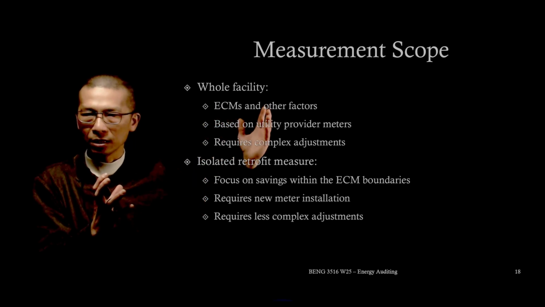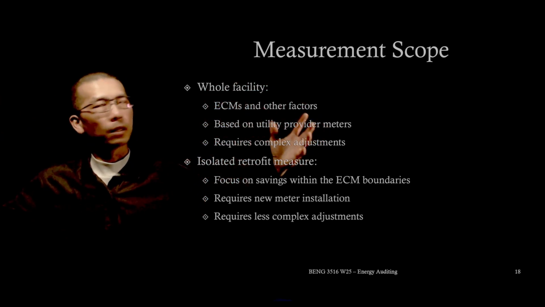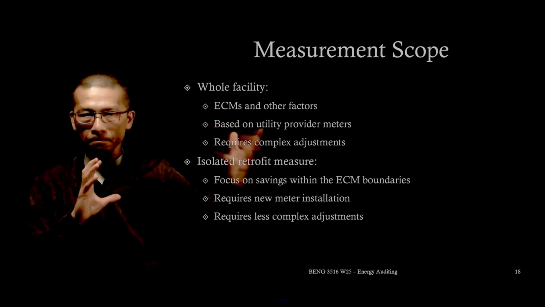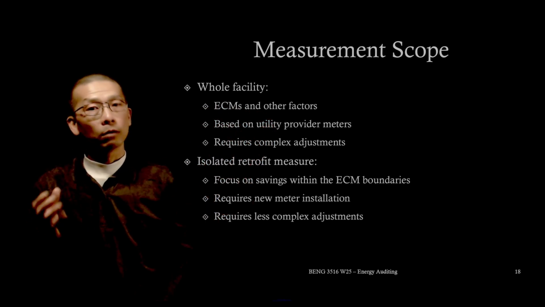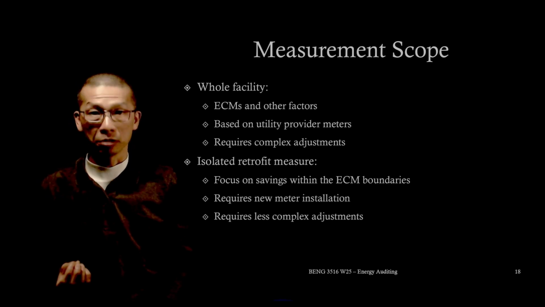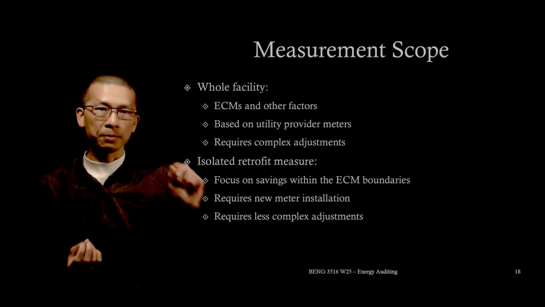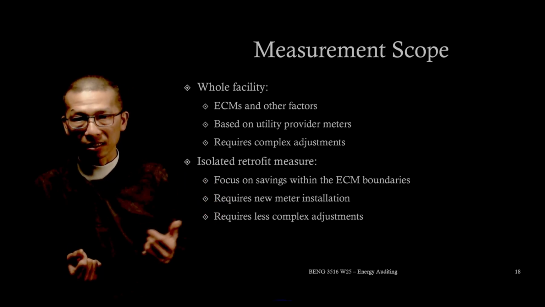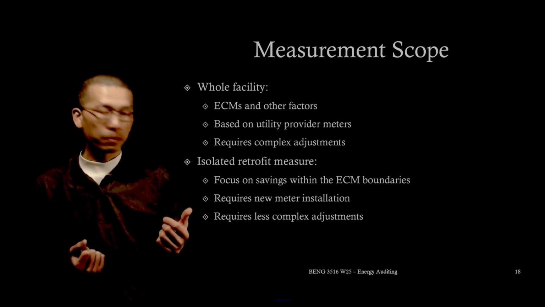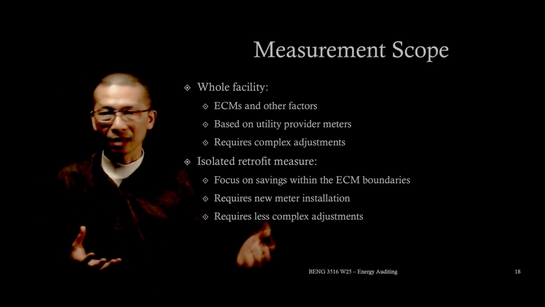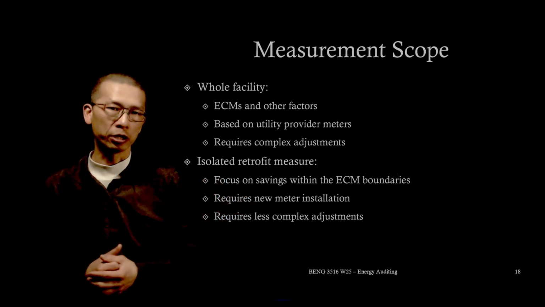How is it measured? Usually it requires new meters or sub-meters to track only that specific equipment affected by the ECM. An example is when we install meters on HVAC systems, lighting circuits, or individual machines.